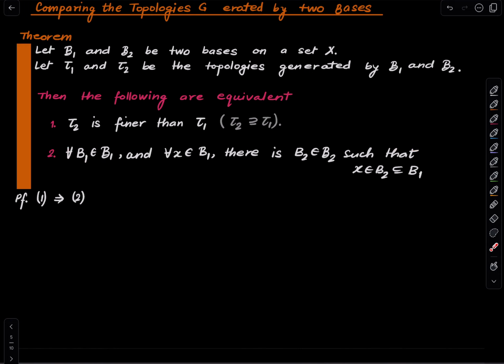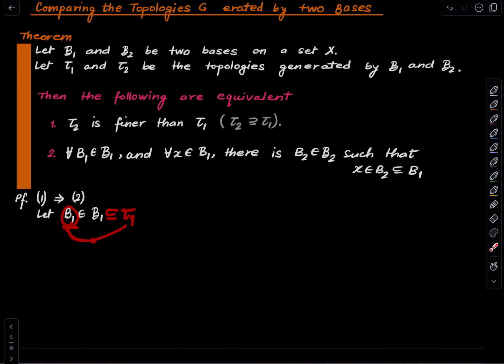So fix an arbitrary element of script B1. We want to show this can be written as the union of some elements of script B2. Now, since this is there in script B1, it is also there in tau1, because script B1 is contained in tau1.